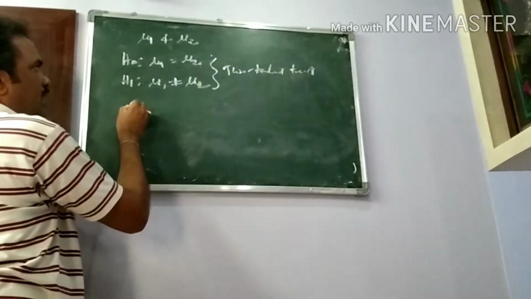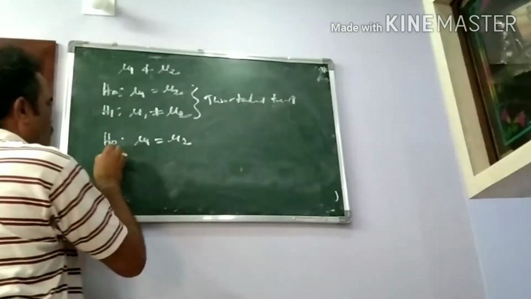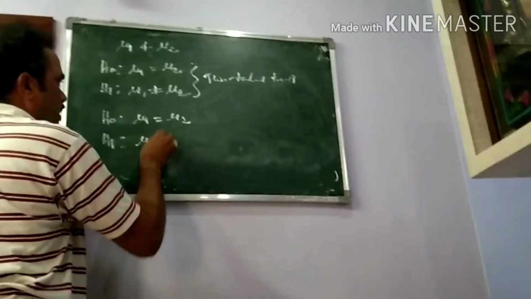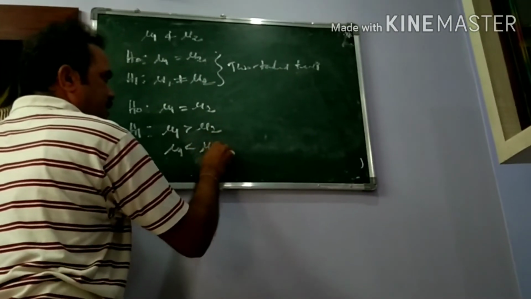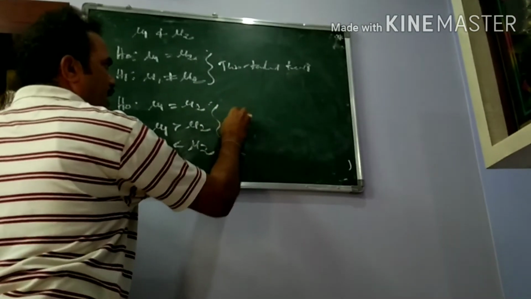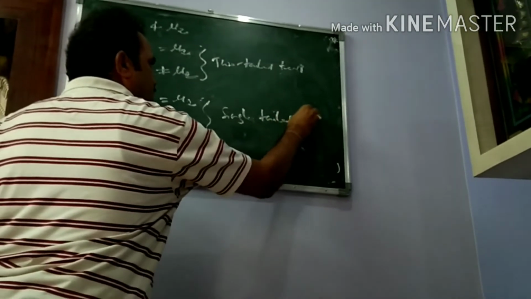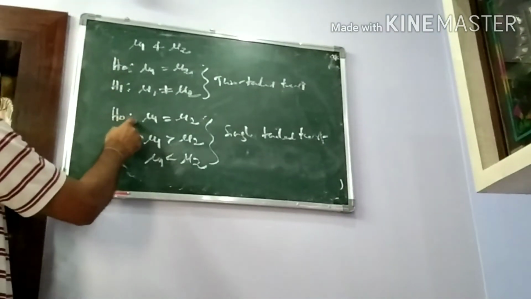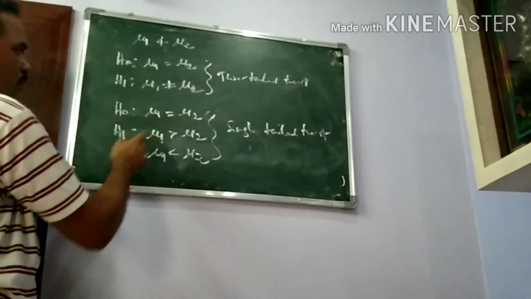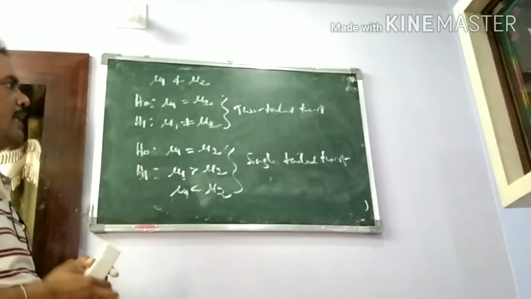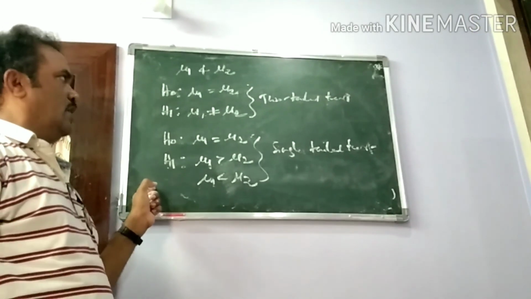Similarly for the one-tailed right and one-tailed left, H0: mu1 equal to mu2 against the alternate hypothesis H1: mu1 greater than mu2, which is the right-tailed test, and mu1 less than mu2, which is the left-tailed test. So H0: mu1 equal to mu2, H1: mu1 greater than mu2 is the single-tailed right-tail test; H0: mu1 equal to mu2, H1: mu1 less than mu2 is the single-tailed left-tail test. So this is another example for the one-tailed and two-tailed test. Okay, thank you all of you.